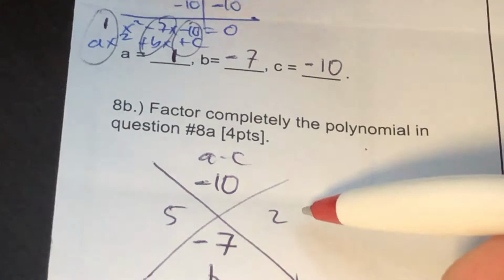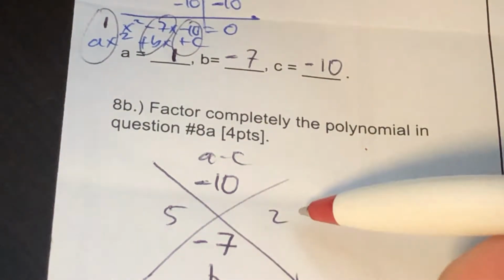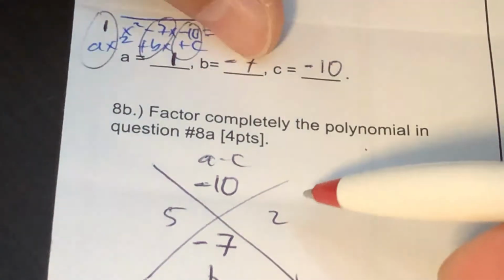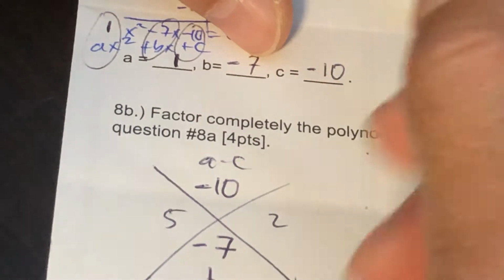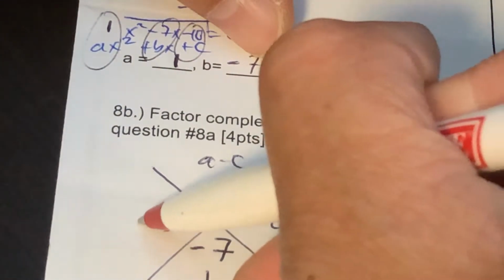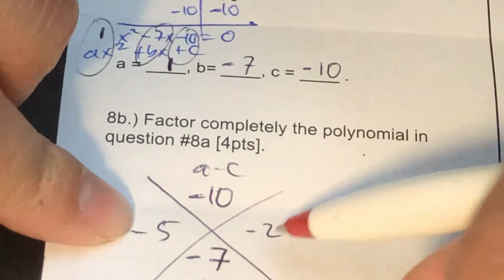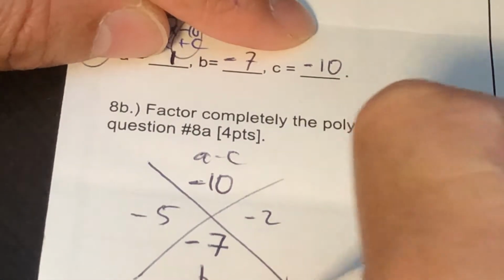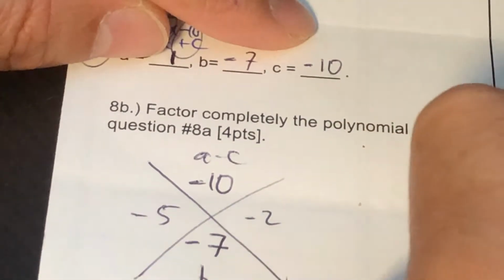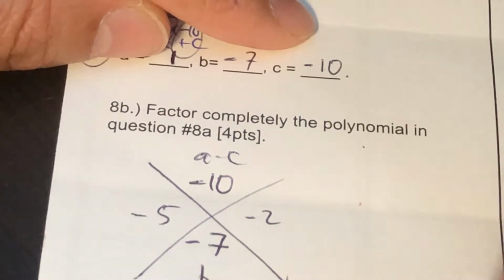I'm thinking there are no two numbers, because if I make these both negative, -5 plus a -2 gives me -7, but -5 times a -2 gives me a positive, so this one would be prime. What does that mean? Prime factor.